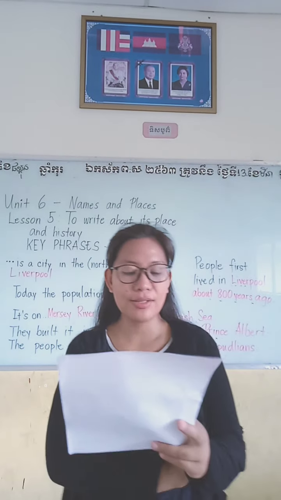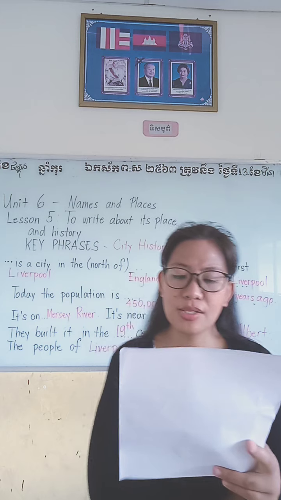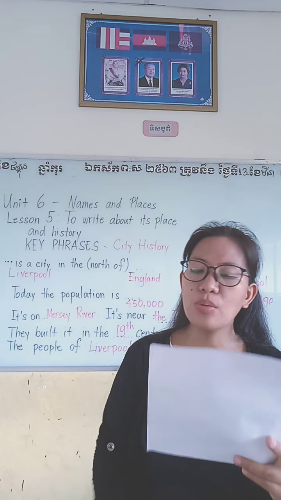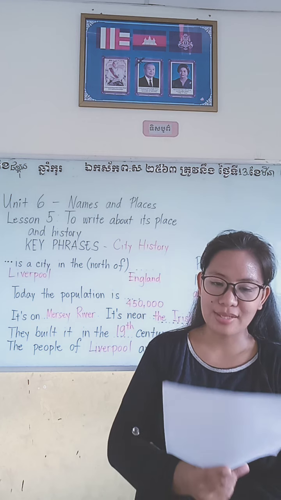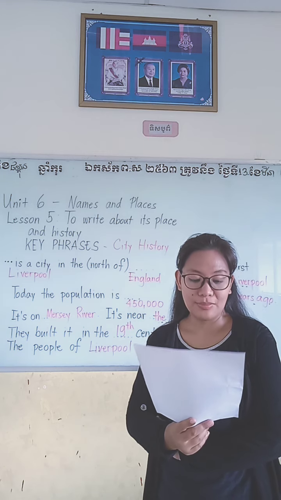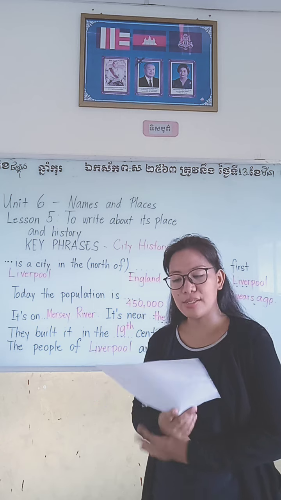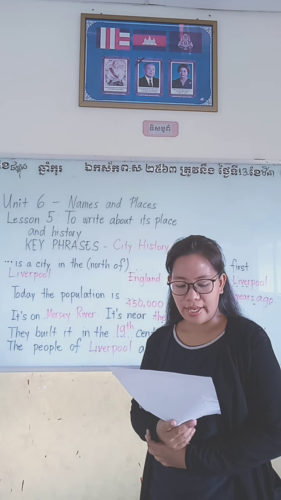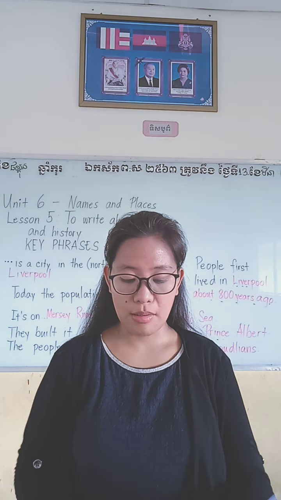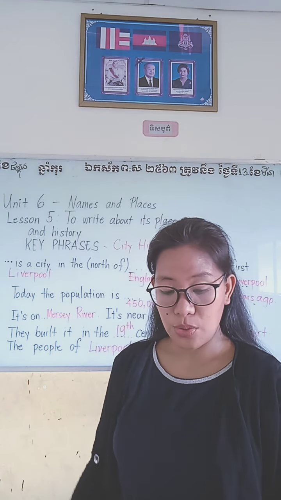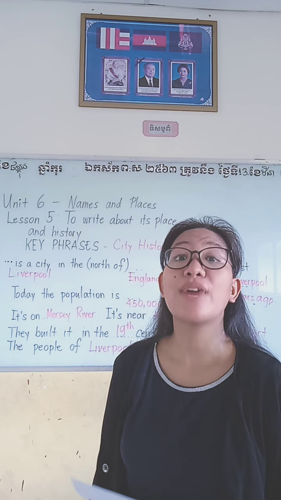Okay, I will not tell the answer. Next. Who was Albert? Who was Albert? So you have to write, who was Albert? Okay, now go back to your homework number 3. So go to page 3 and you can find the answers there.